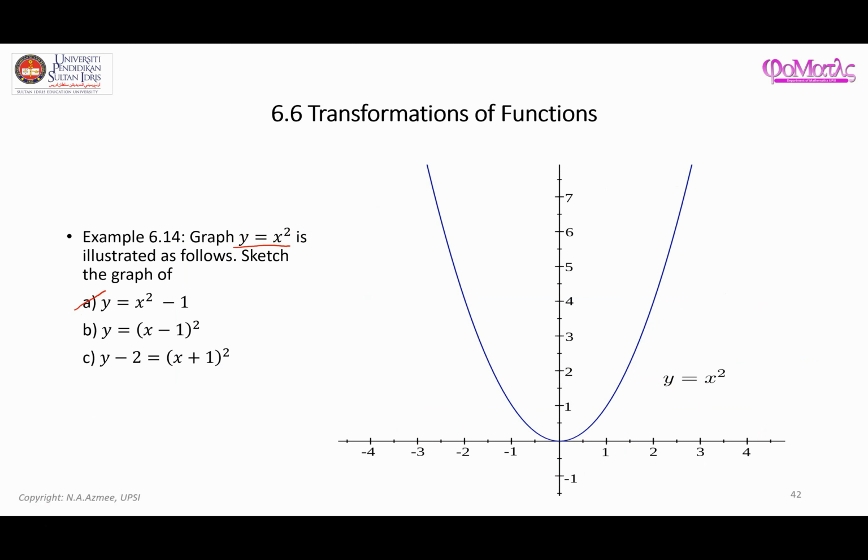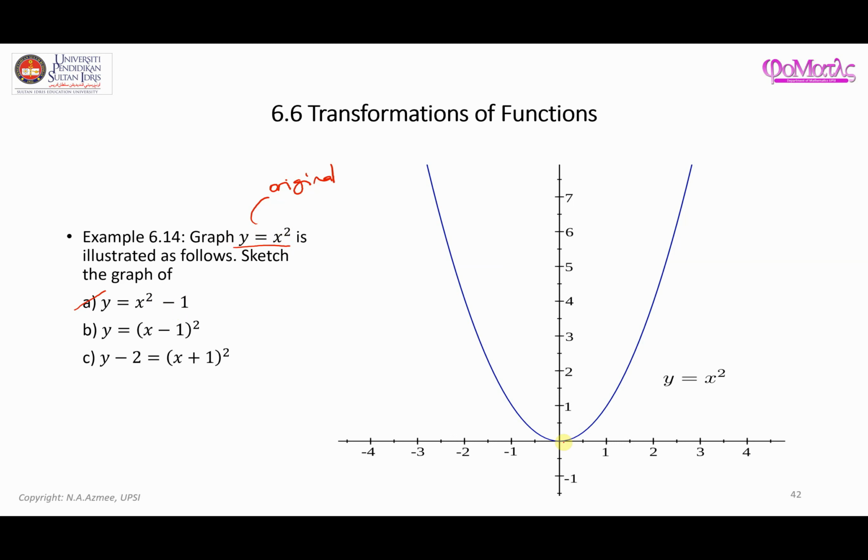So this is the original function, and you can see that negative 1 is situated outside the original function. Therefore, this is about shifting the graph 1 unit down.